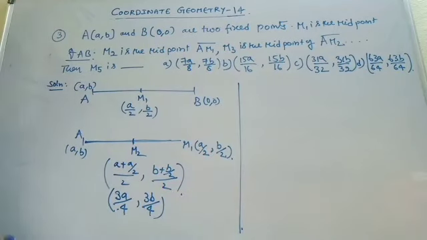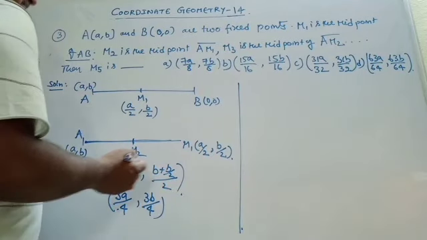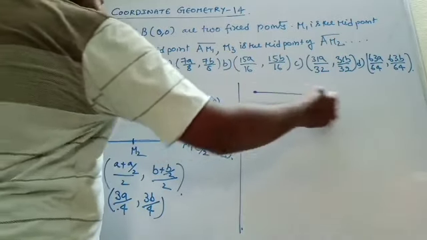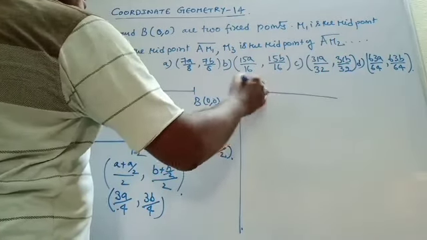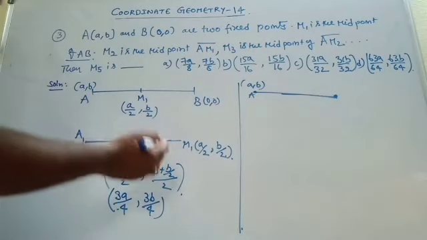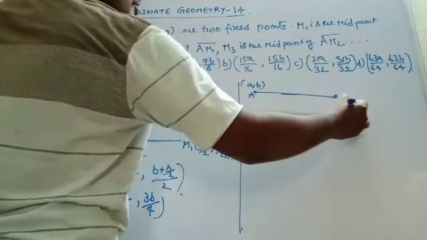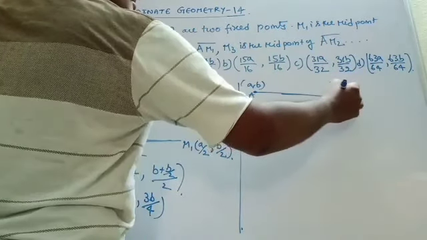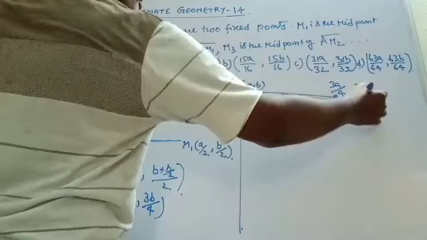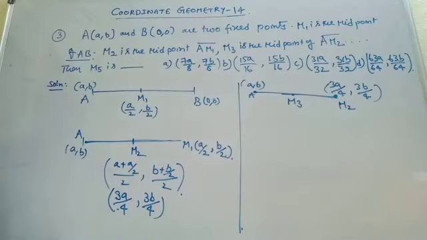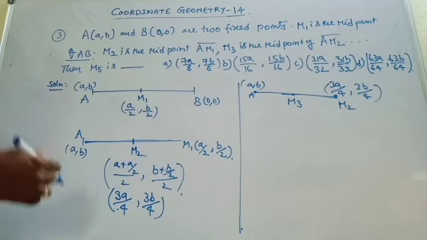Fine. Now M3 is the midpoint of AM2. You take AM2, where A is (a, b) and M2 we have got as (3a by 4, 3b by 4), and M3 is the midpoint of AM2.